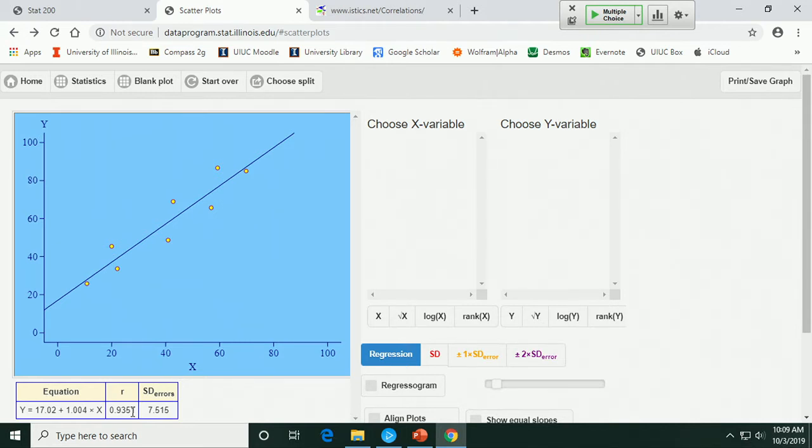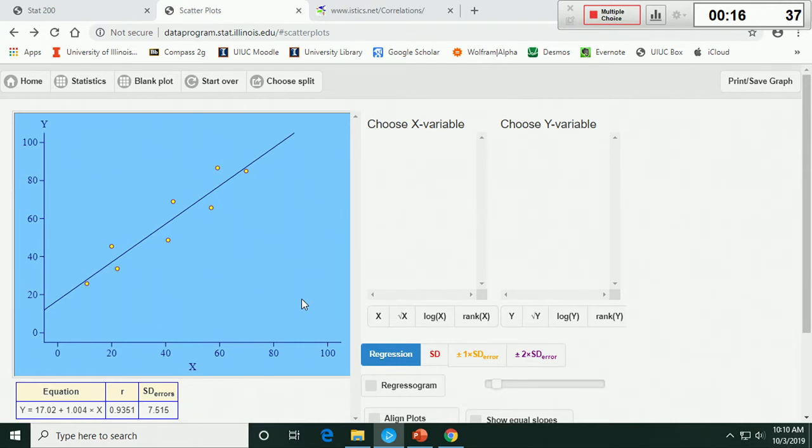Now, what's going to happen if I add this outlier? If I add a point here, this is going to be your clicker question. Do you think this is going to go up or down? So I will start this. I'm going to add a point right here. If you think this will make the correlation go up, vote A. Down, vote B. And it won't change it is C. I'll write it up on the board so you can see.